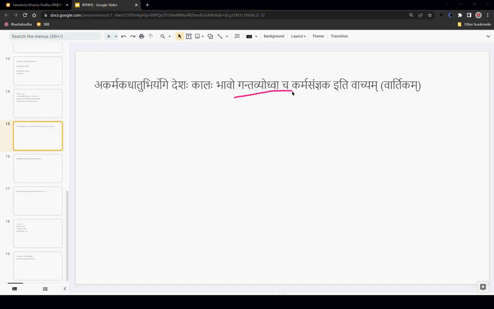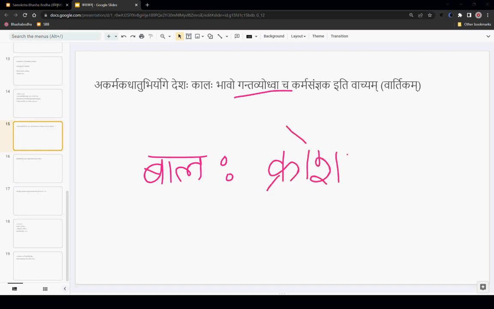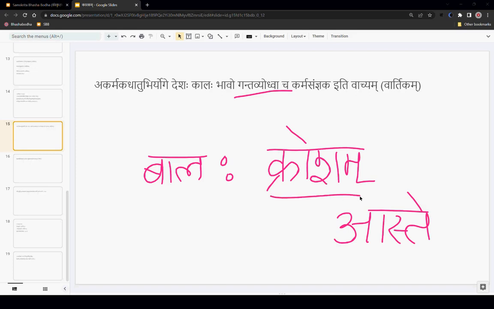So if we use the example Balaha krosham aste or upavishati. Krosha is one measurement, like a mile you can say, or a kilometer. It's one unit of a road or a distance.